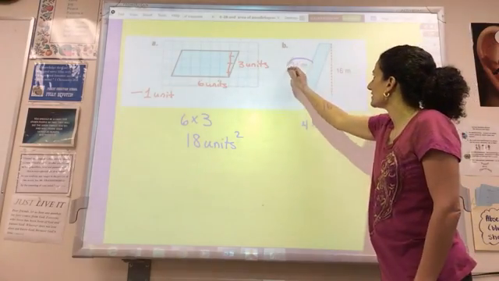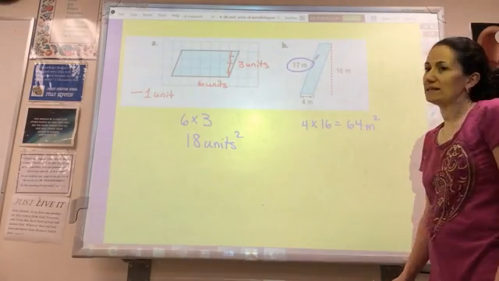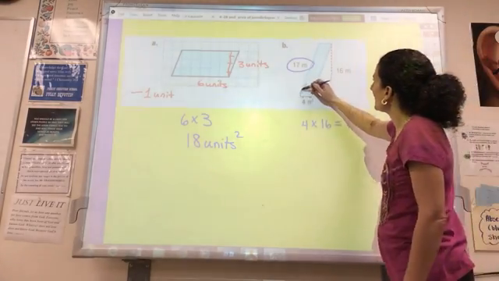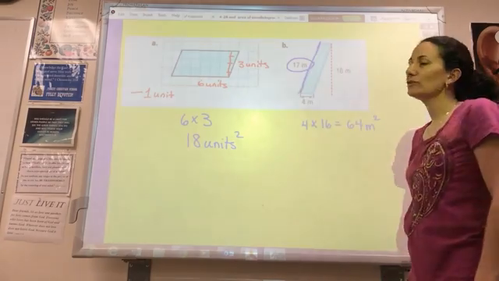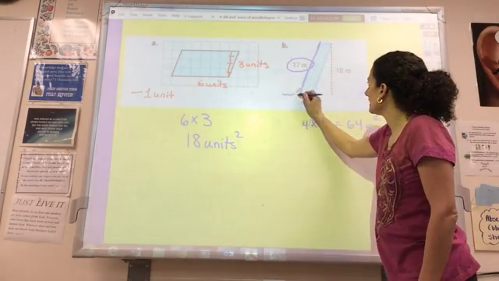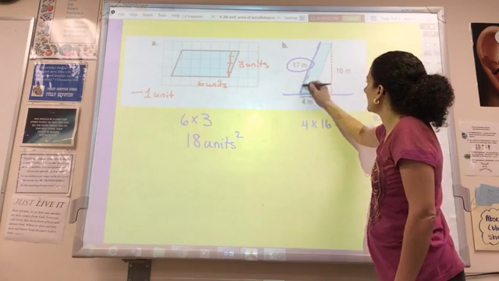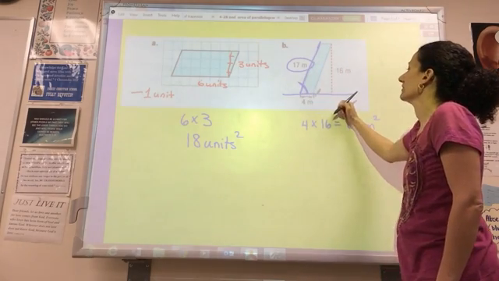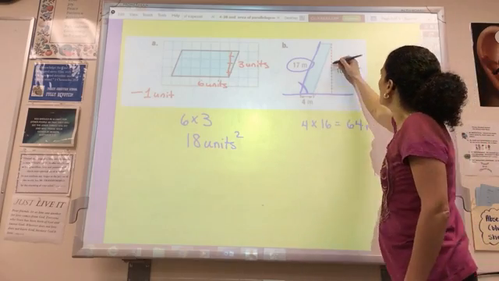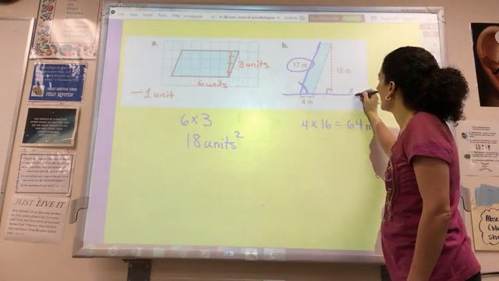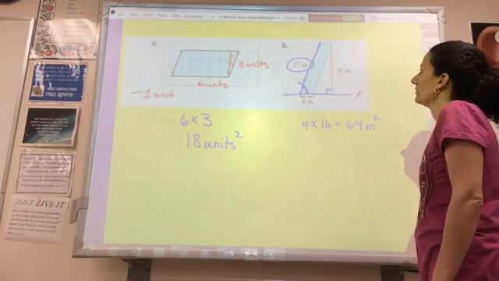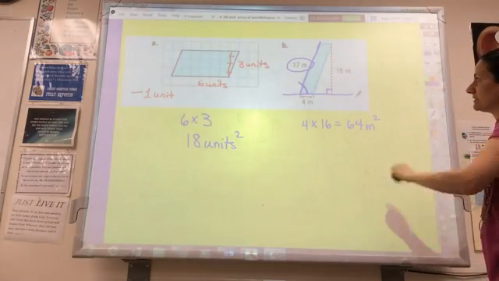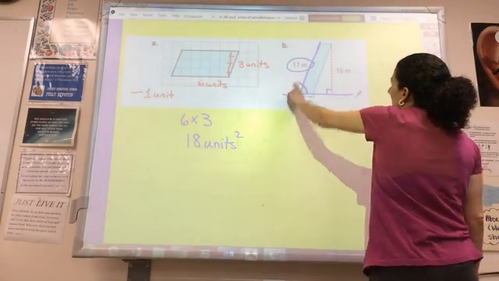If you accidentally used the 17, remember that is a slant height. We never use a slant height. If you look at the angle that slant height is making with my base, it's making an acute angle. I need a right angle. This line is making a right angle with the bottom of the parallelogram. So that is the true height. So I didn't need that number.